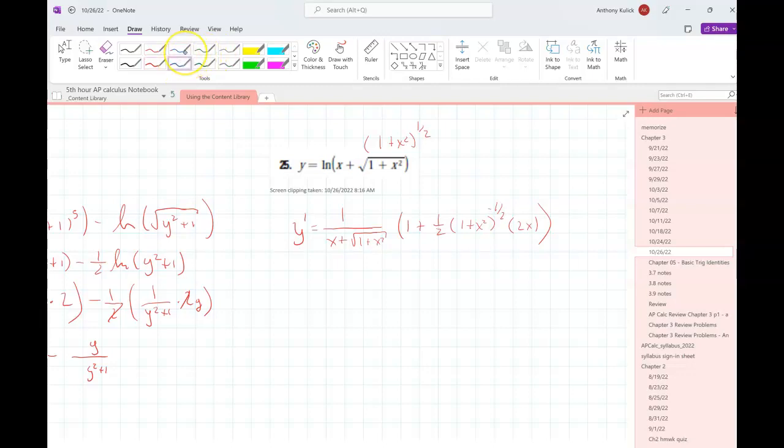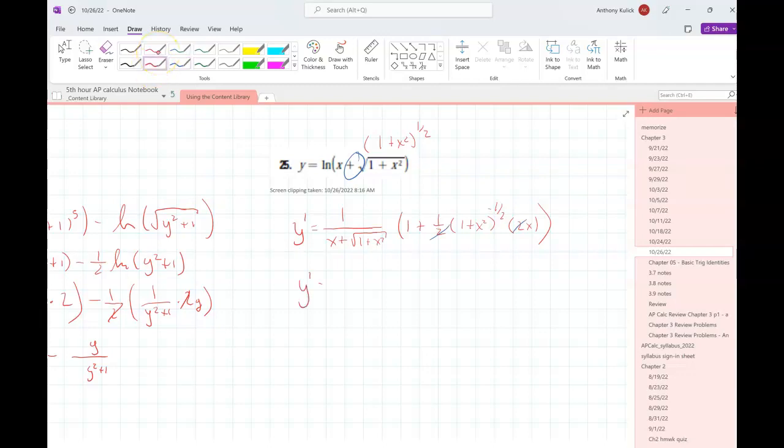Could we have done that in the beginning and put that under the 1 over x plus? No, because of the addition. The power property needs to have the entire thing inside the logarithm to the power, which I don't have because I have the plus sign. Right. So let's see. Those guys can reduce.